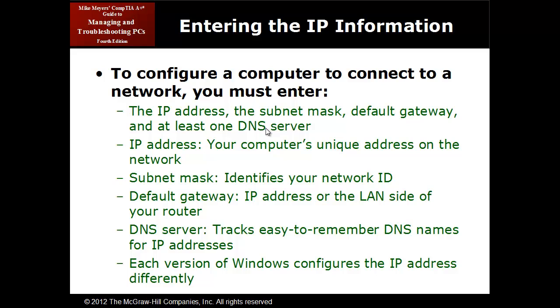Okay, entering IP addresses. To configure a computer to connect to a network, you must enter the IP address and the subnet mask. And again, these always go hand in hand. They can never be separated because you won't be able to tell what's what without it. The default gateway, which is how do I get off of my network and out to the rest of the world, and where's my phone book for looking up those numbers. So those are the pieces of information that you would enter in your computer.